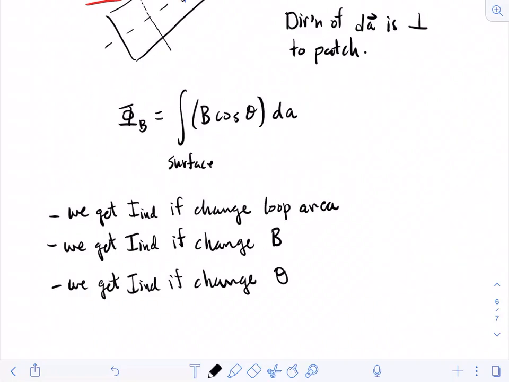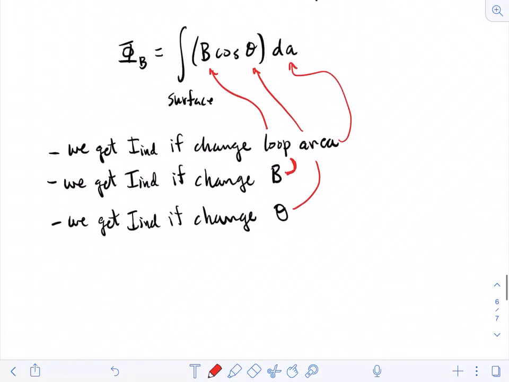And so if you look at our magnetic flux, it involves an area, and it involves a magnetic field, and it involves the angle theta. And so what it looks like is if we do anything to change the magnetic flux through our loop, we'll get an induced current.